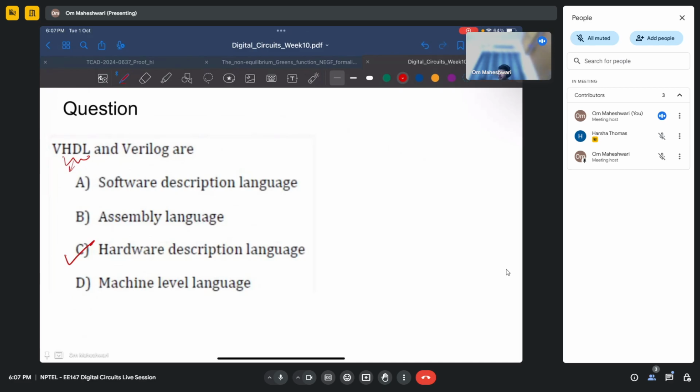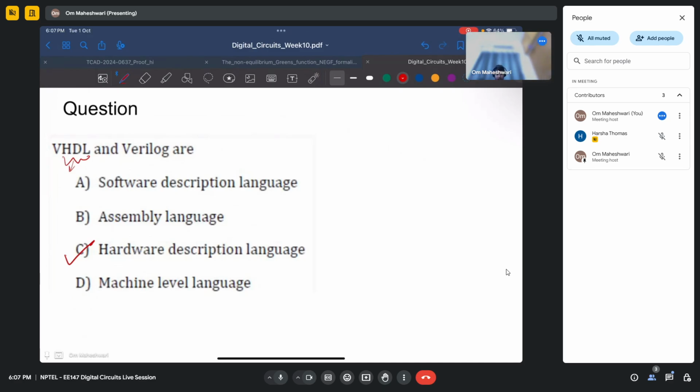And what are hardware description languages? They are basically specialized computer languages which describe the behavior of circuits, and they are used by programs to synthesize structural logic based on the input language where we have described the behavior of a circuit.